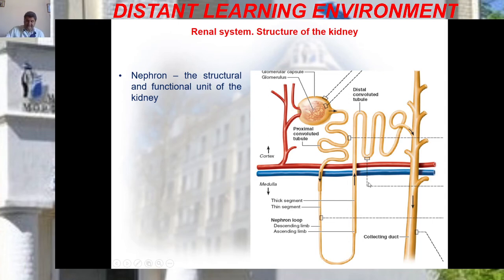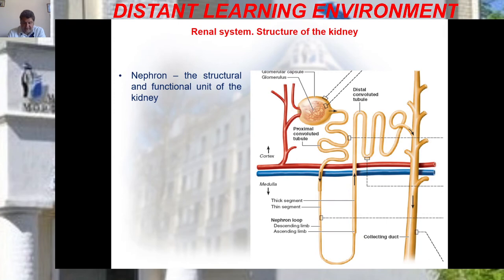The terminal segment of the renal tubule, the junctional segment, drains into the collecting tubule. You may see this collecting tubule or collecting duct here. Tubulus colligens, it's in Latin, which receives several tubules. You may see these several tubules here, and passes in a straight direction through the radiate part of the cortex and the pyramid.